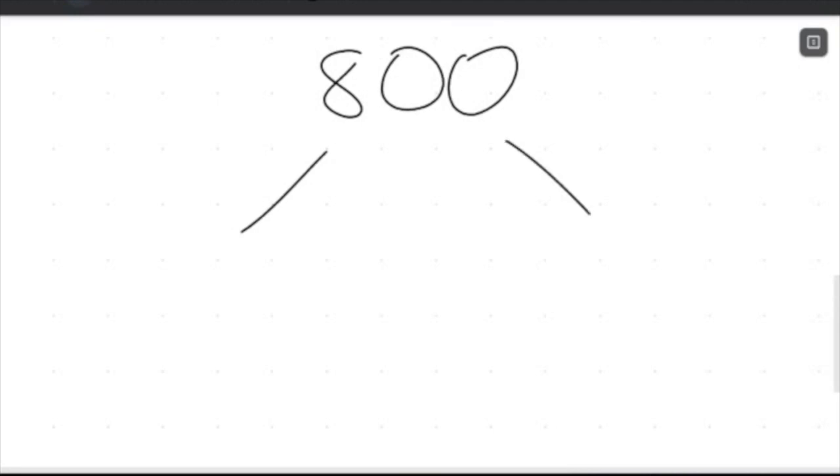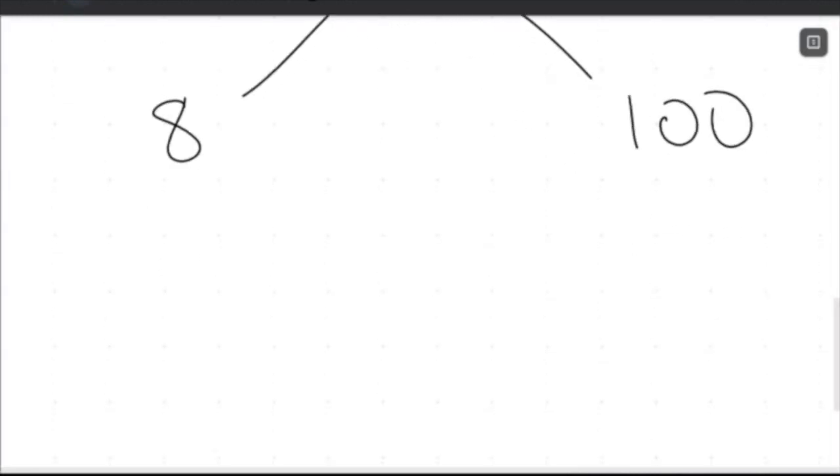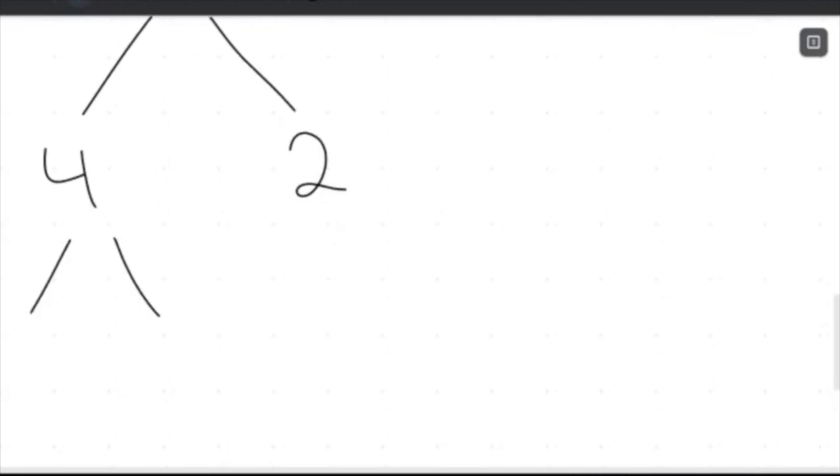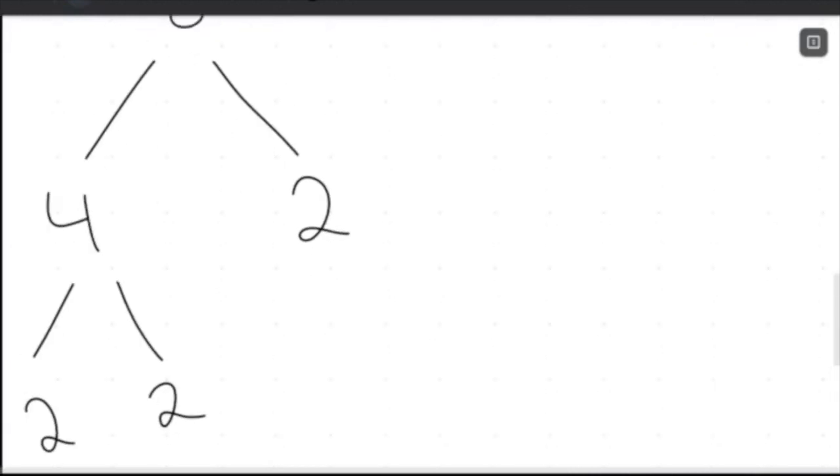Well, two numbers that multiply to give me 800: one of them is 8 and another one is 100. So 8 lots of 100. Now I can break 8 up into 4 times 2, and this 4 I can break up into 2 times 2.